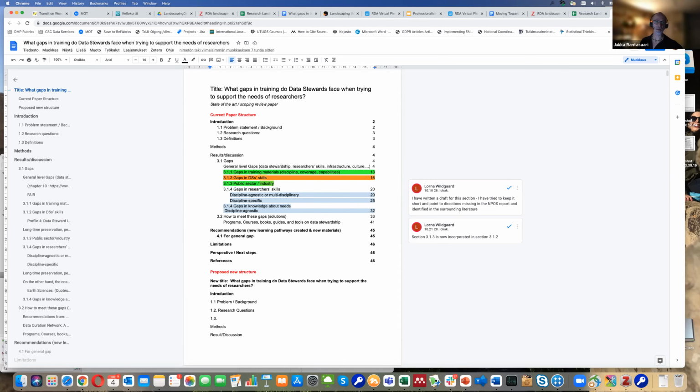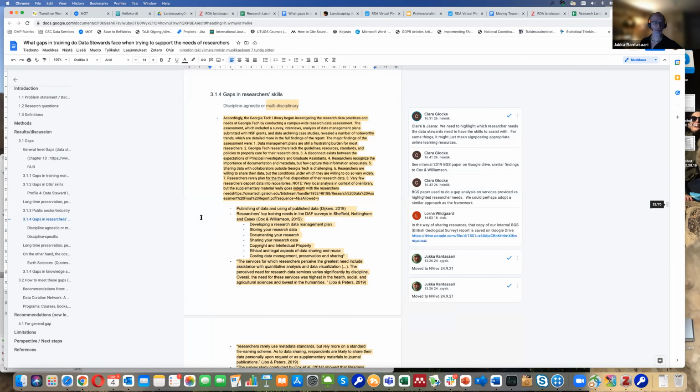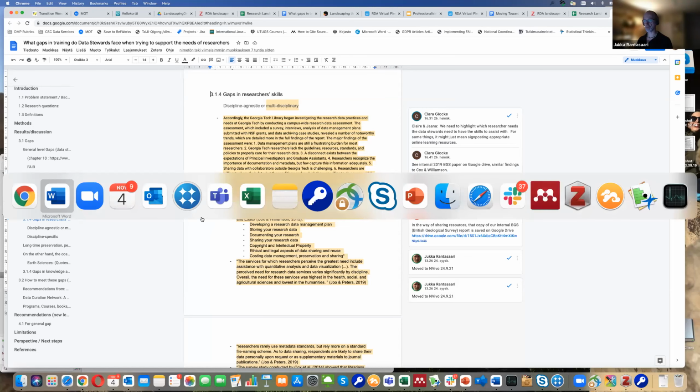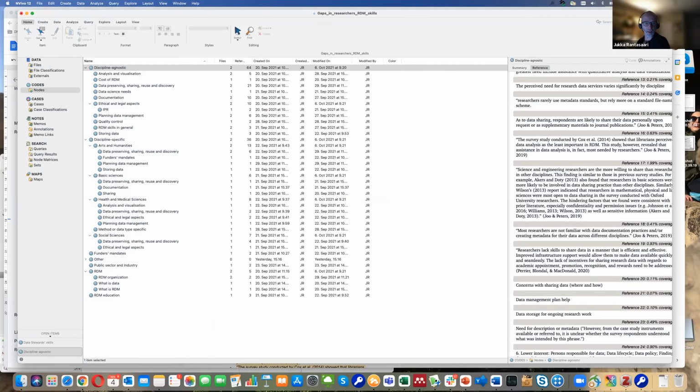For example, I have started with chapter 3.1.4, which is gaps in researcher skills. With moving the bullet points to NVivo, I can show my NVivo display here. In NVivo, I have coded the text excerpts behind bullet points according to disciplines, after which I have written the first draft version in Word.